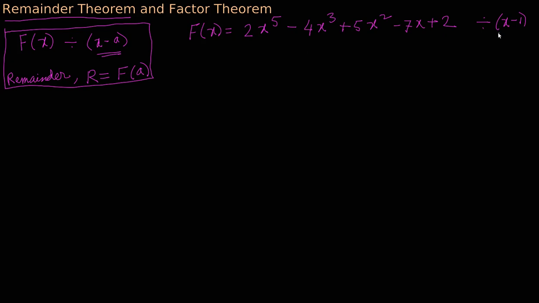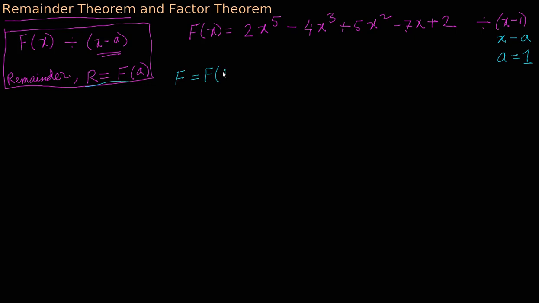First of all, if I divide by x minus a type, in this case my a is equal to 1. According to the remainder theorem, the remainder r equals f(a).